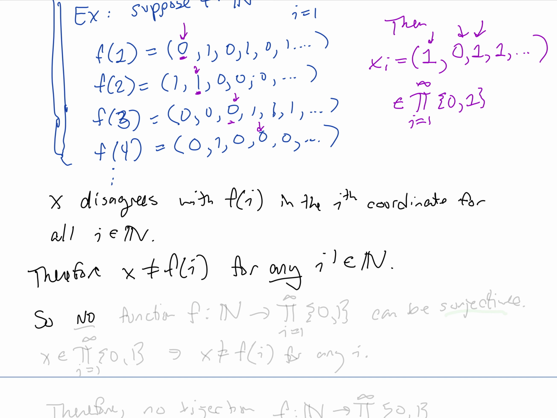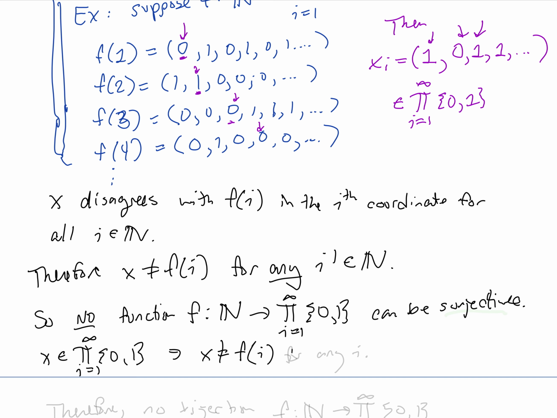So no function f mapping the natural numbers to this Cartesian product, i equals 1 to infinity of this set {0, 1}, can be surjective, because we've got this element x in this set such that x is not equal to f of i for any i.